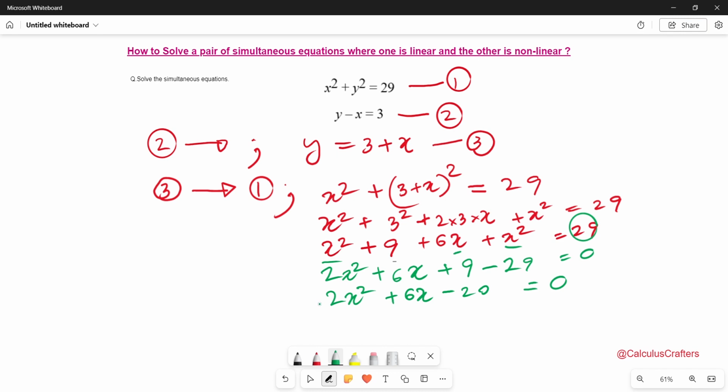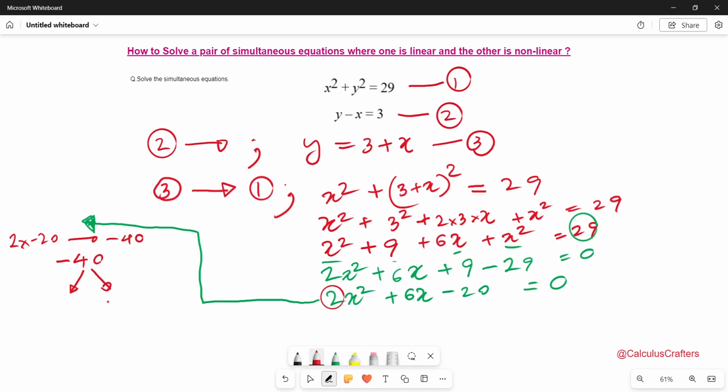So we have to find the factors of this quadratic equation. So how would you do that? You have to get 2 times negative 20. What is 2 times negative 20? 2 times negative 20 is simply negative 40. Then let's break down negative 40 into two factors, but if you add the two factors, you're going to get positive 6 as the answer.